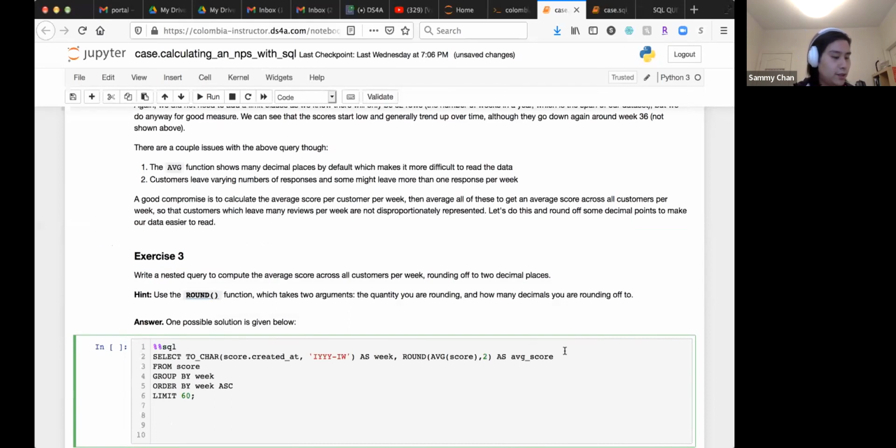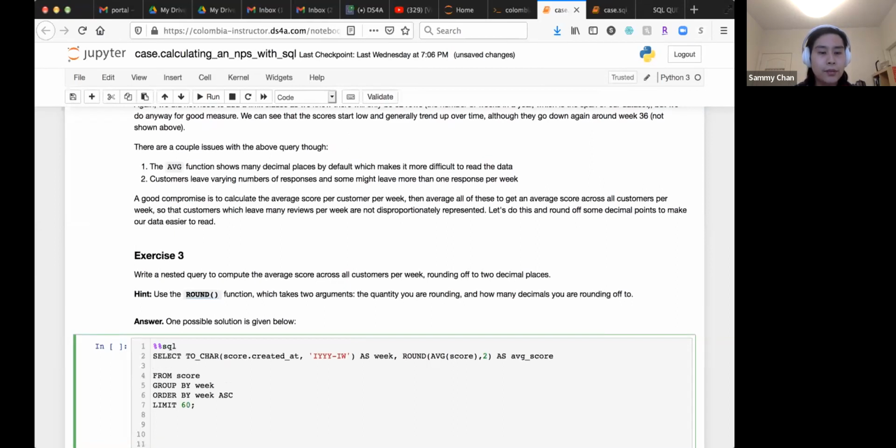Cool, I see someone already making a plot. The difference between IYYY and YYYY, I'll cover that at the end, so don't worry about it too much for now. So right now here, we also needed to do a join.